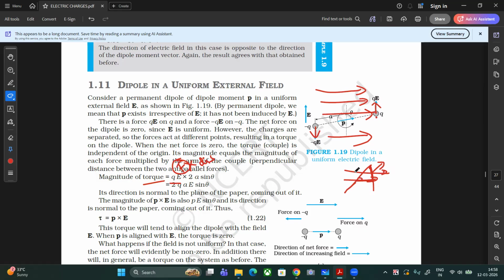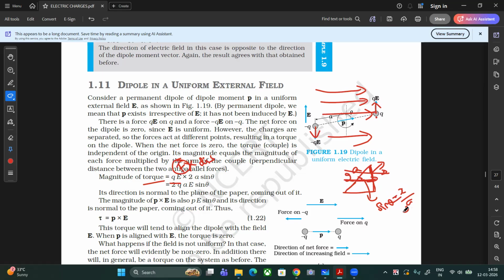Let this value be a, and let this angle be theta. Sine theta means the opposite side divided by the hypotenuse, that is x by a. So the value is 2a sine theta, because I take the whole perpendicular distance, which is 2a.